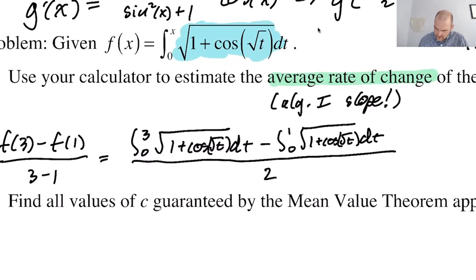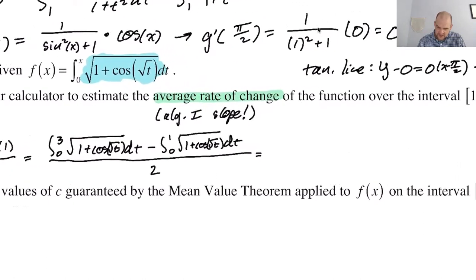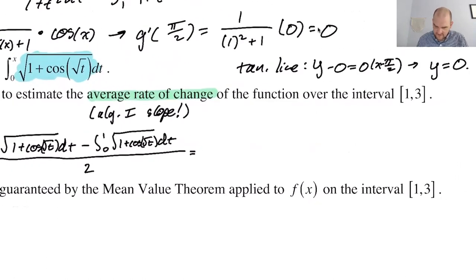Okay, over 2. So one of the things you can do here, you don't need to do this, but I think it's a great idea. Because you're doing the integral from 0 to 3 and the integral from 0 to 1, the way that I often handle these is I'll draw a line segment, and label this as 0 to 3 for the first integral.